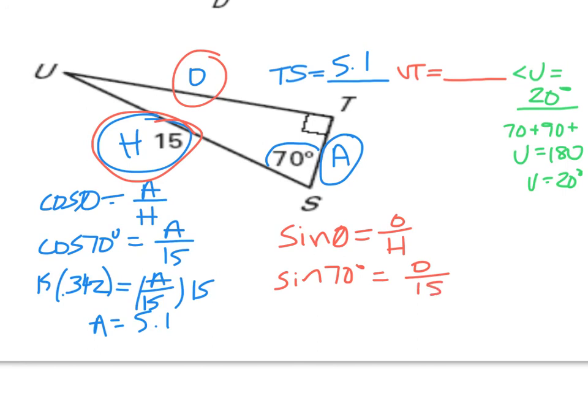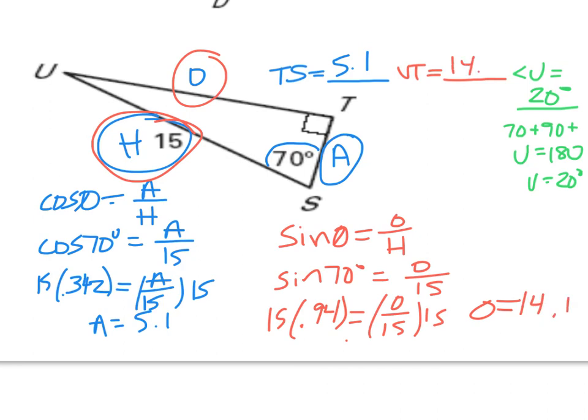So sine of 70 is 0.94 once we round. Over 15. Multiply by 15 on both sides. So we should get almost 14. Let's see how close I was. 0.94. So 14. Ah, perfect. 14.1. So to solve a triangle, you find all the sides and angles.